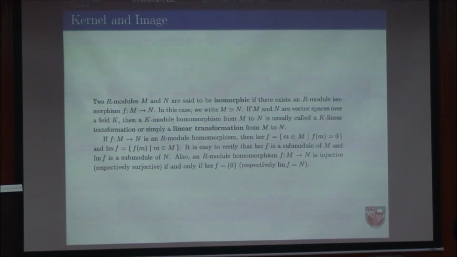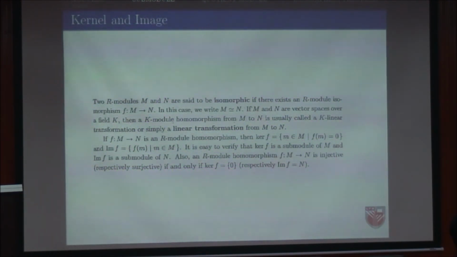This is the kernel: those elements of M which are sent to 0 by the function f. Here is the image of M, as usual the function image: those elements of N which can be represented in the form f(m).